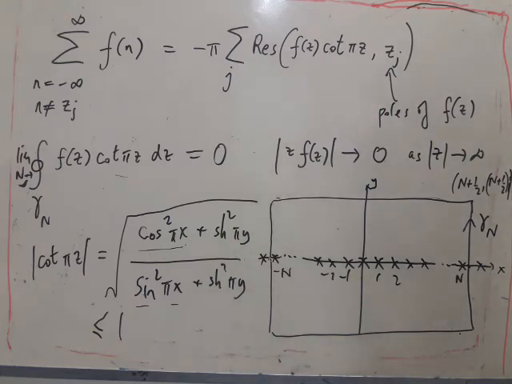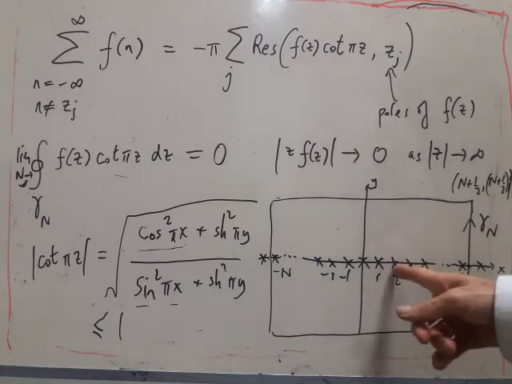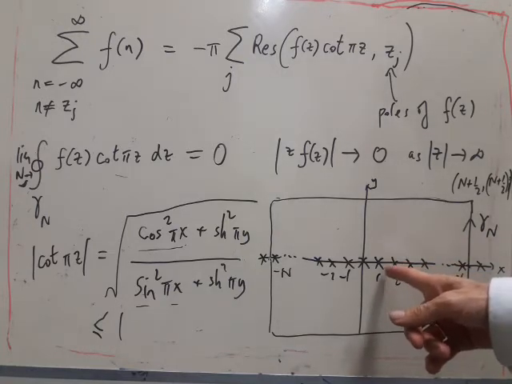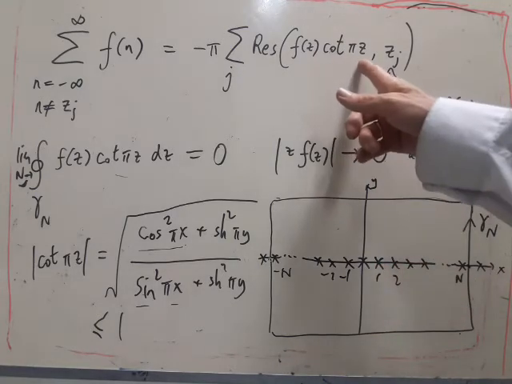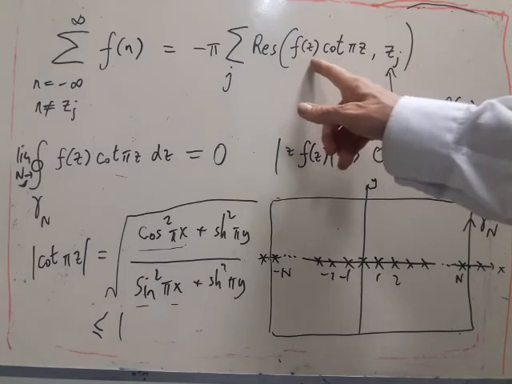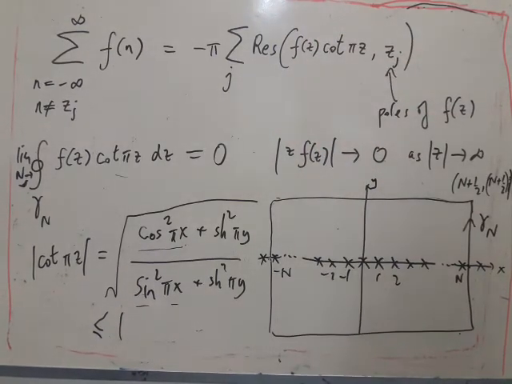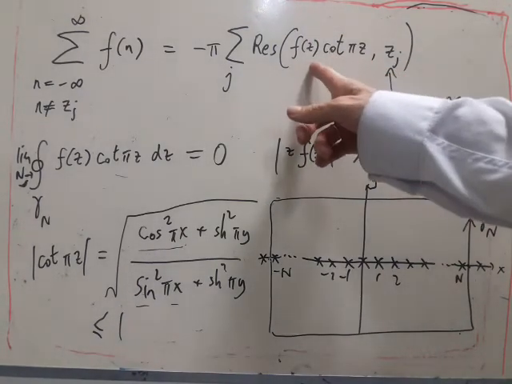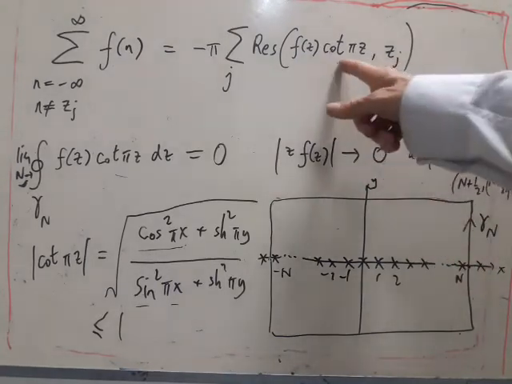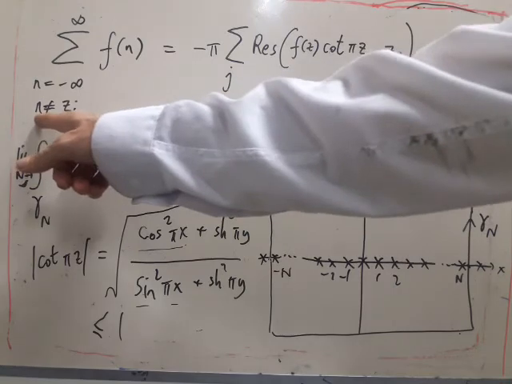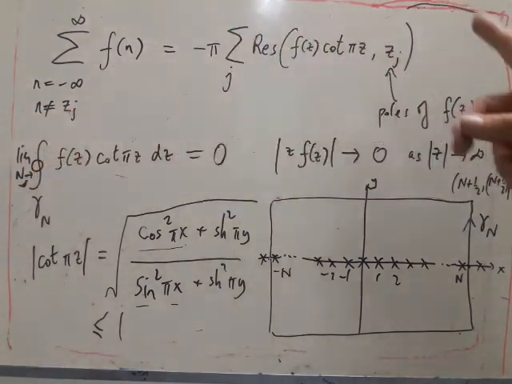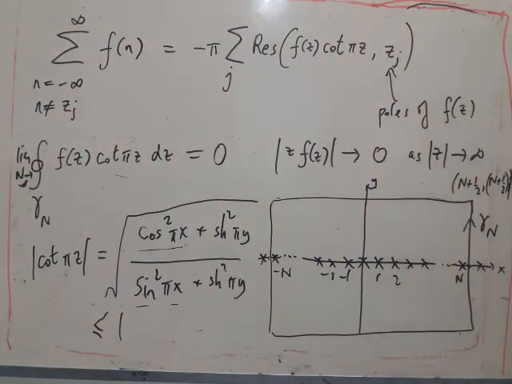And these are made up of 2 parts. There's the residues, which are just simply these poles of cot pi z without the interference of f of z. But also you've got the poles of f of z, some of which might just overlap with one of these. So this is why we've got that n is not allowed to be any of the poles of f of z.